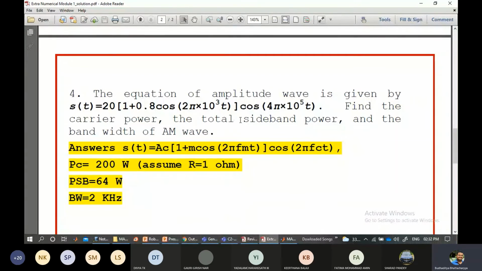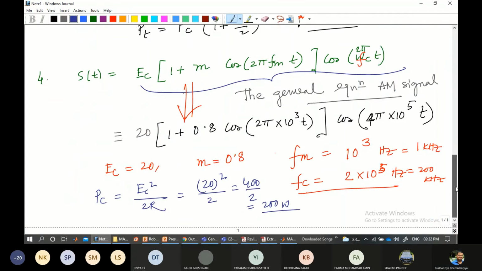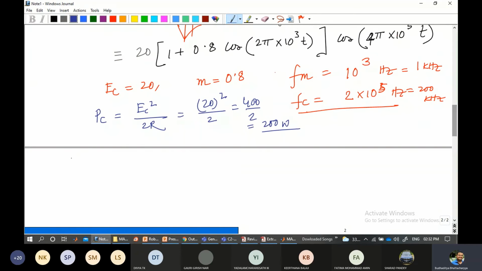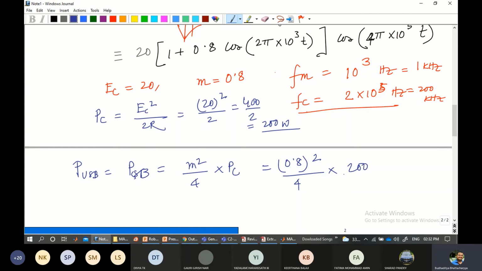Now the second question is total sideband power. We have already given an equation: P_USB equals P_LSB equals m squared by 4 into Pc. Now you know Pc and m is also known. So 0.8 whole squared divided by 4 into 200 gives almost 32 watts.